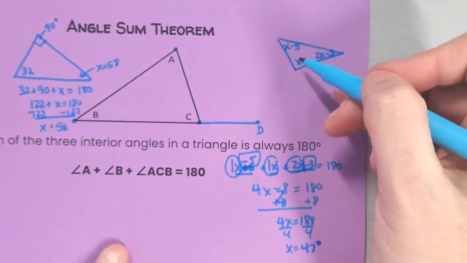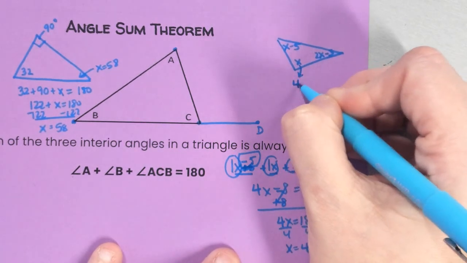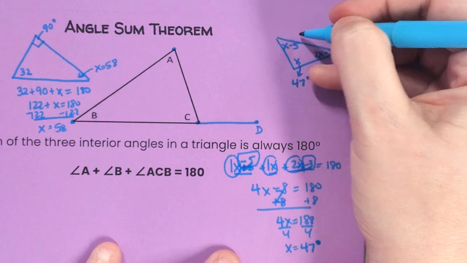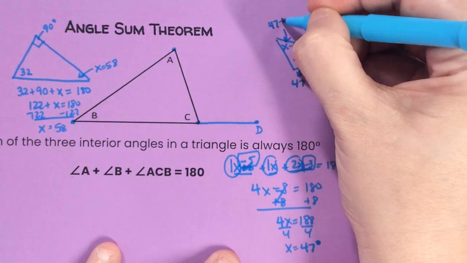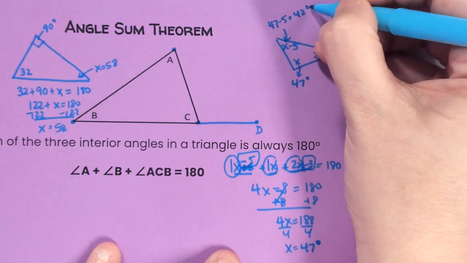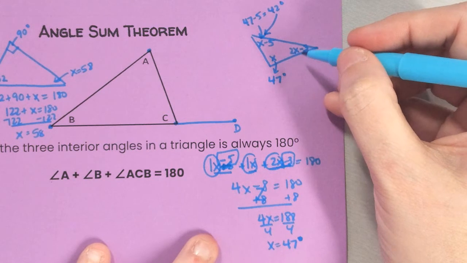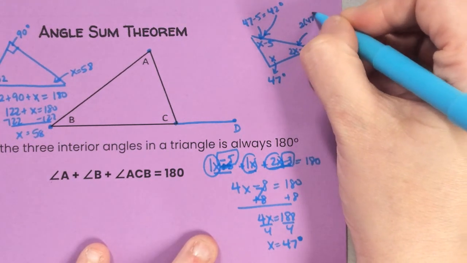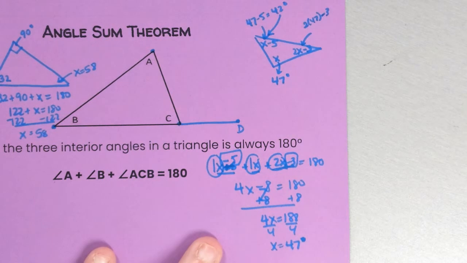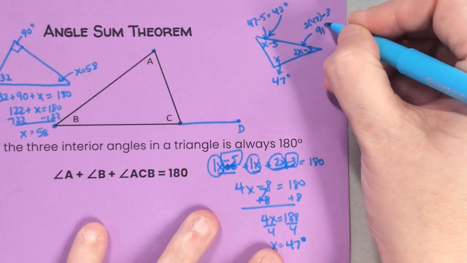Now, that only tells me what one of these angles is, right? So this one is 47 degrees. Now, this one is x minus 5. That's 47 minus 5, which is 42 degrees. 2x minus 3, this one is 2 times 47 minus 3. 2 times 47 is 94, minus 3 is 91 degrees.